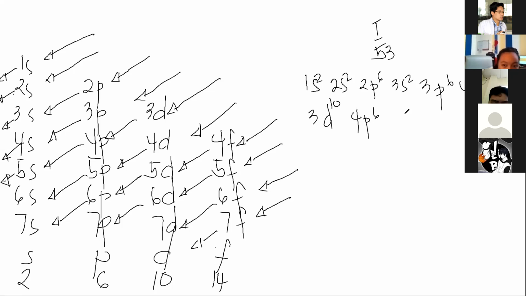Then 5s2, correct? 4d10, correct? 5p6. So how many electrons do we have now?